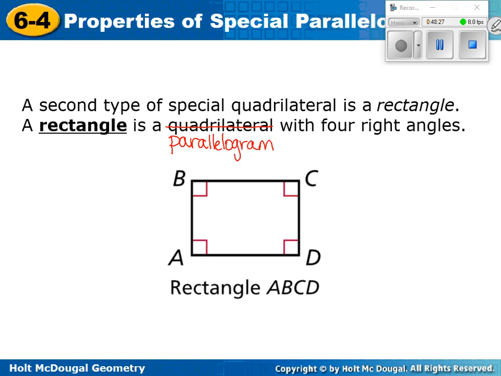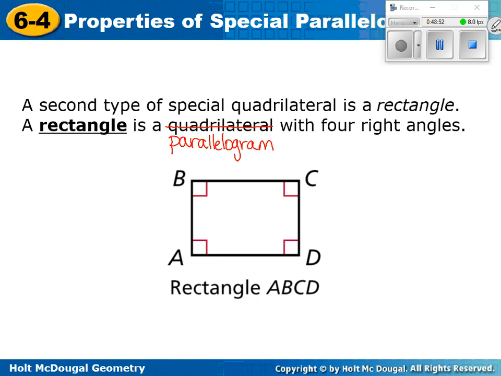It's a quadrilateral, but it is also specifically a parallelogram with, and then here's its definition. So the definition says that the rectangle is going to have what? 4 right angles. So a rectangle has 4 right angles.